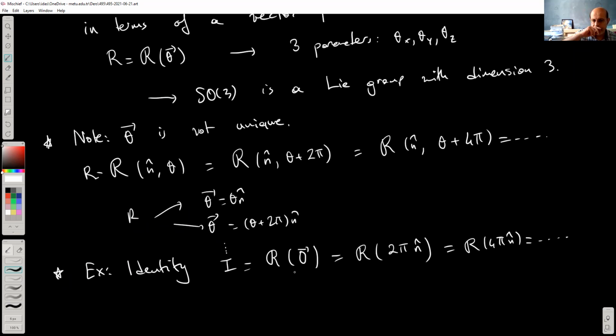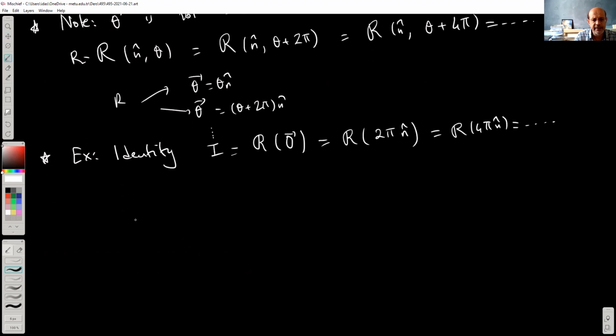Okay, what we do, people usually do not like things being parameterized in many different ways. So as a result, we just constrain this, right? For a given rotation, we find an angle which is less than pi. Then in that case, I find a unique vector in here. So let's say it like this.